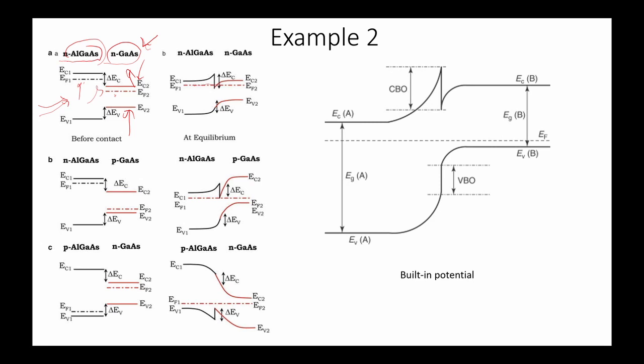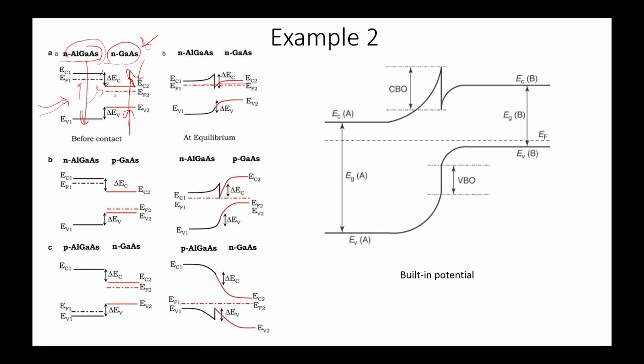So the Fermi level will be aligned first. Then the conduction band points are fixed, and the bands bend accordingly. It will move up, it will move down.